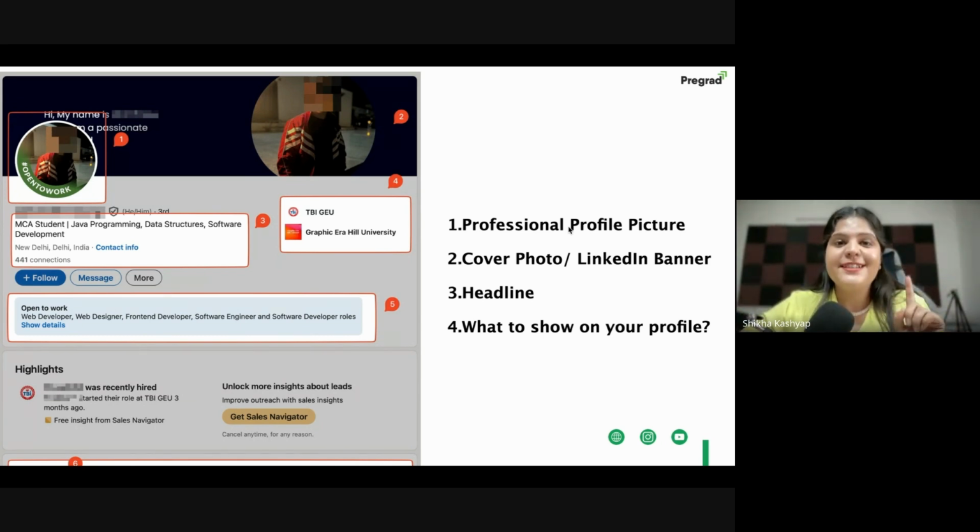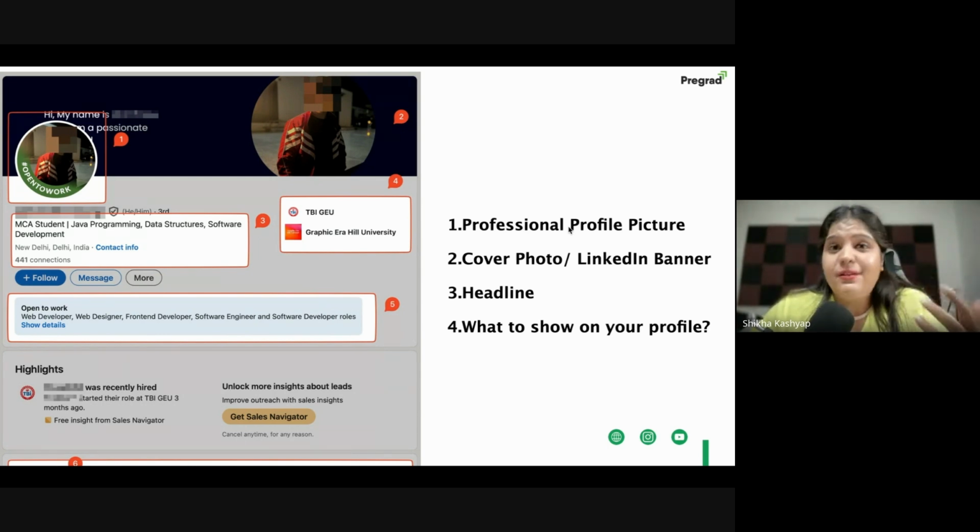I am not saying laughing. Laughing is when you have no control over your facial expressions, and smiling is professional face. So you need to just smile and not laugh. And you need to look at the camera whenever you are clicking a picture. That's very important.